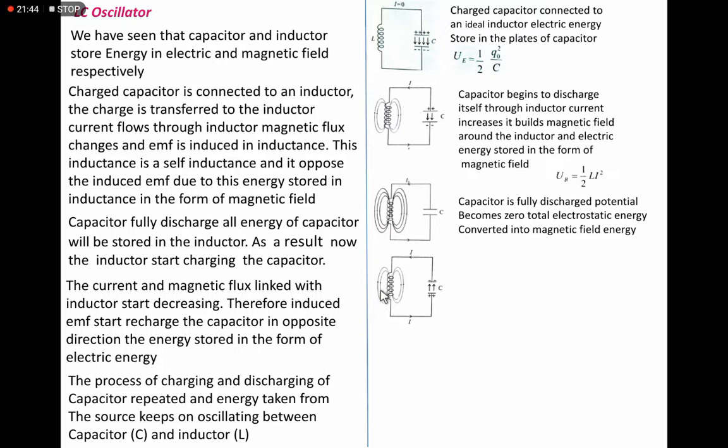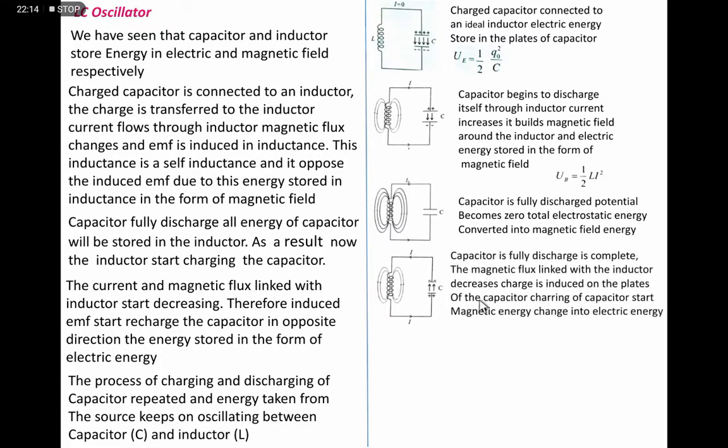These charges move in this direction to the capacitor and reside on the plates of the condenser. The potential of the condenser goes on increasing, and electrostatic energy starts to be stored in the capacitor. At the same time, the magnetic field energy decreases because the charge moves from inductance to capacitance, as explained over here.